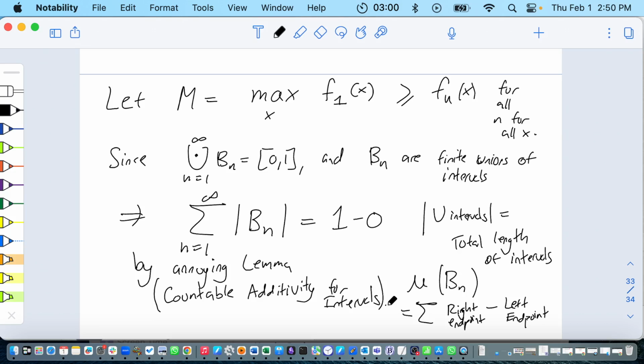Can you just go over what you wrote on the right hand side? Yes. So what does it mean when I put a set in the absolute value bars, like Bn? Bn is not a number, you can't take its absolute value. What I mean is, if you have a union of intervals and you take the absolute value of it, you get the total length of the intervals, where the total length means right endpoint minus left endpoint.